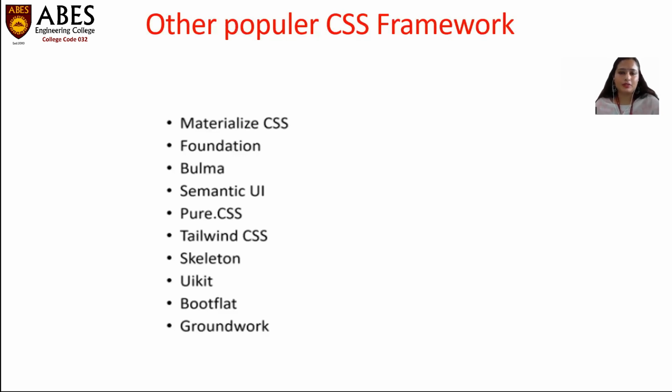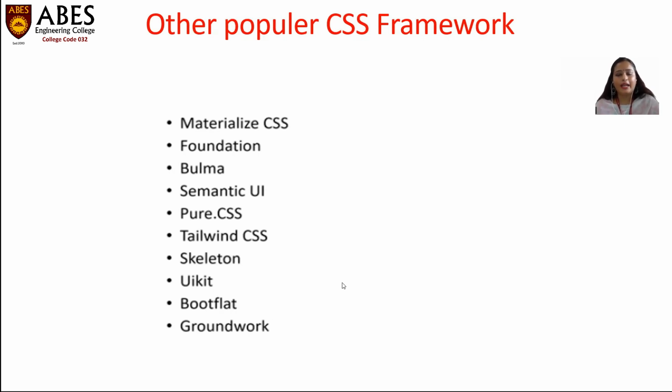Next, there are also different types of other popular CSS frameworks. From a knowledge point of view, I will give you the names of these CSS frameworks: Foundation, Bulma, Semantic UI, Pure.css, Tailwind, Skeleton, UIKit, Bootstrap, Groundwork. These are all popular CSS frameworks.